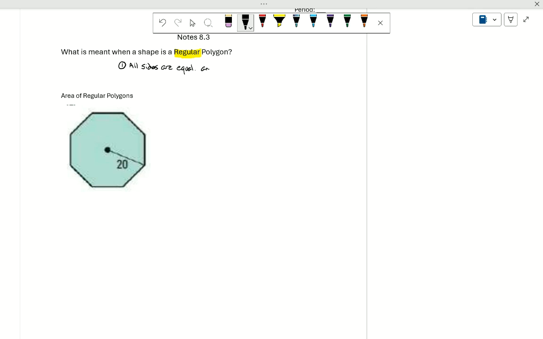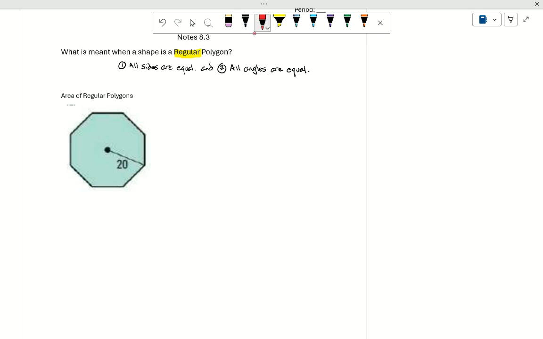And number two, all angles are equal. Okay, that's what a regular polygon means.